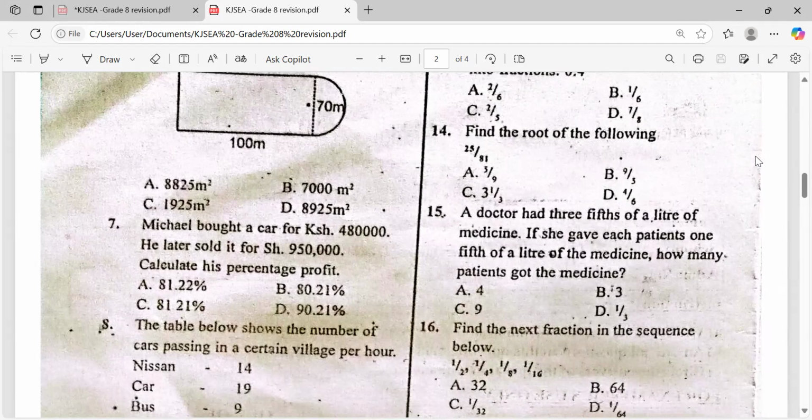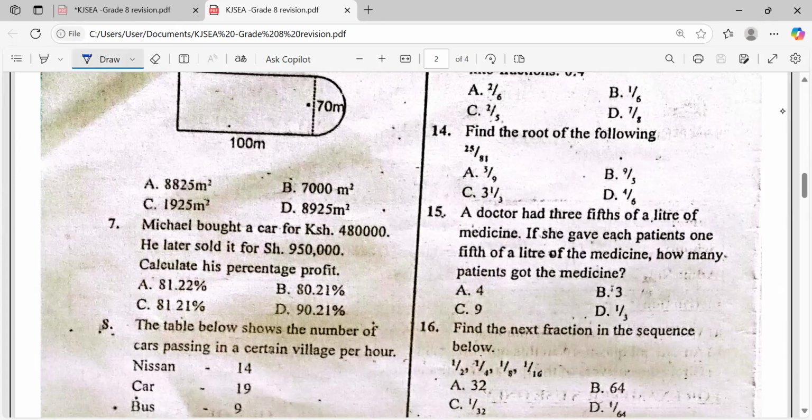From question number 14, you have been told to find the root of the following. We have the long way of calculating it, and we also have using a calculator. Now that you have 25 against 81, you find the square root of this.